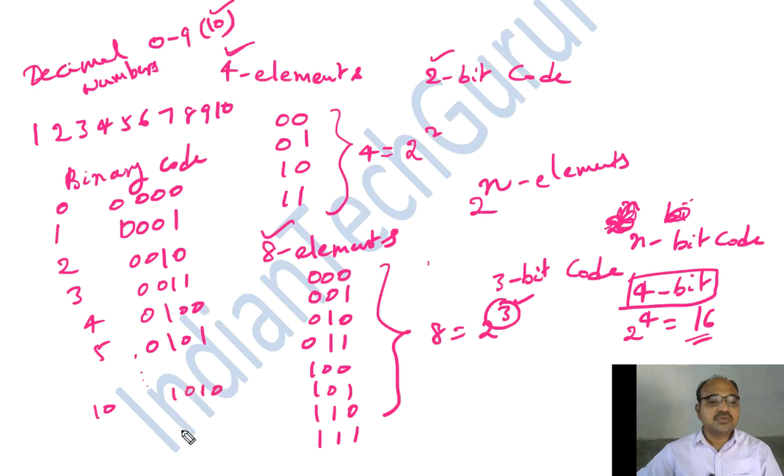Like this we can represent the codes for 0 to 9. Of course we don't need separate codes for 11, 12, 13, 14, because 11 is represented as 1 1, 12 is represented as 1 2, 13 is represented as 1 3. That is the code for 1, the code for 2, the code for 1, code for 3.